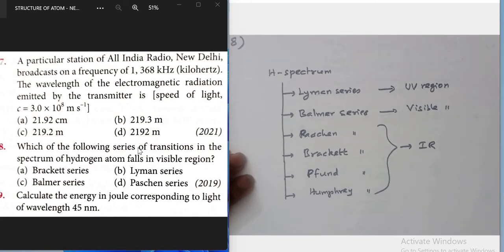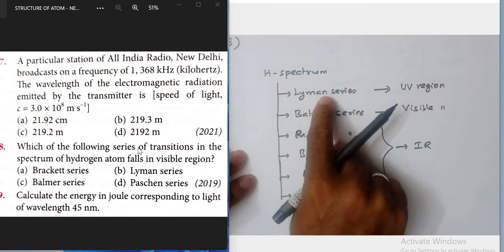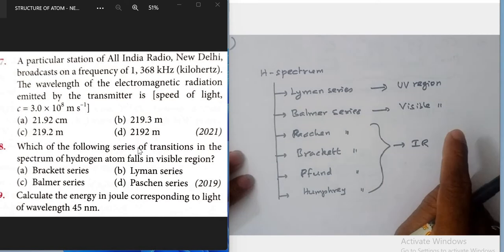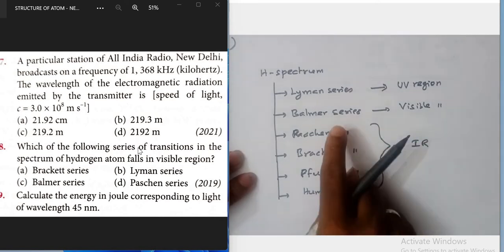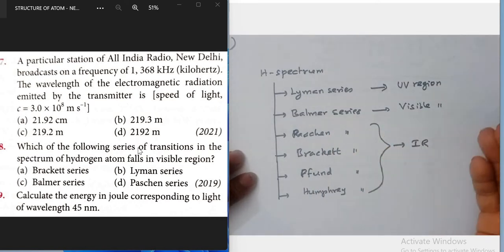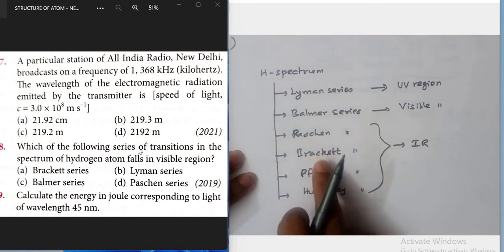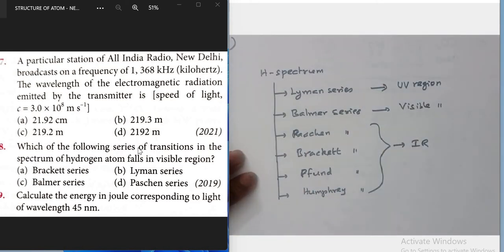In Lyman series, the lower level should be 1 and the higher level can be anything. For Balmer series, the lower level should be 2 and the higher level can be 3, 4, 5, etc. Likewise for Paschen, Brackett, Pfund series, you know the lower level and the possible higher levels.